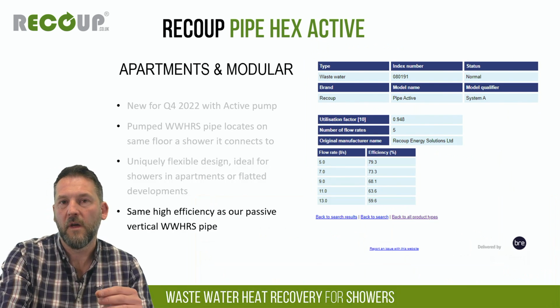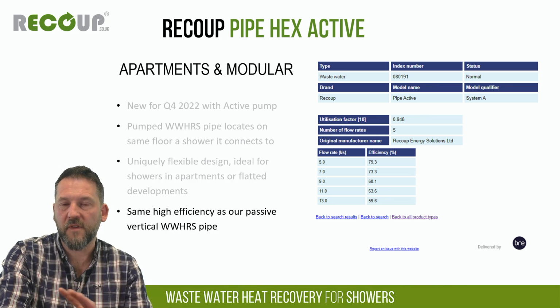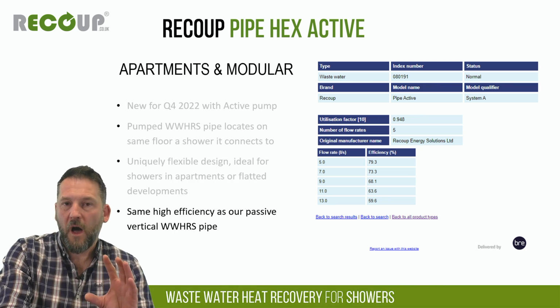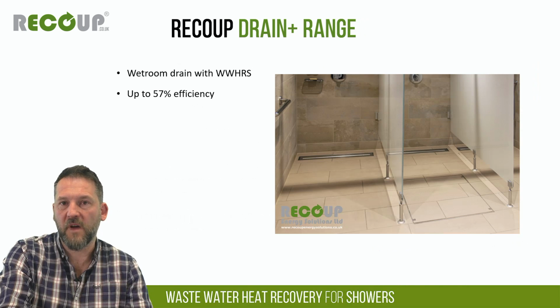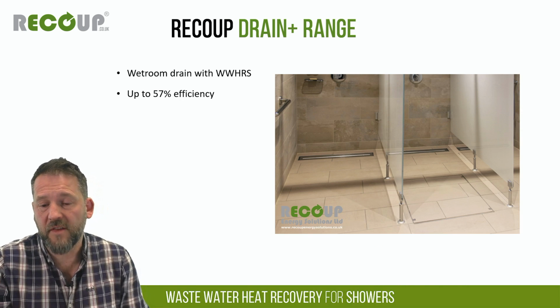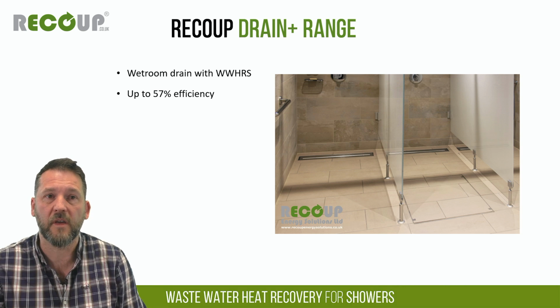As I said, same SAP listed efficiency as the existing pipe, so it really is a very high efficiency system in terms of a same floor solution, and certainly we're seeing a lot of interest for both residential and non-residential for this, apartments and things.